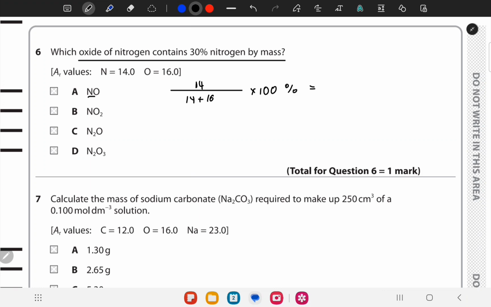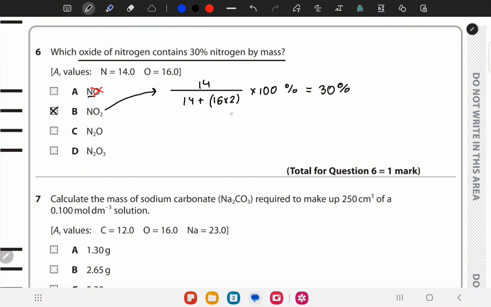This would equate to 47%. This is out. For NO2, we'll calculate again. For NO2, this would be 14 divided by 14 plus 16 into 2, which would come out to be 30%. So this is the answer.